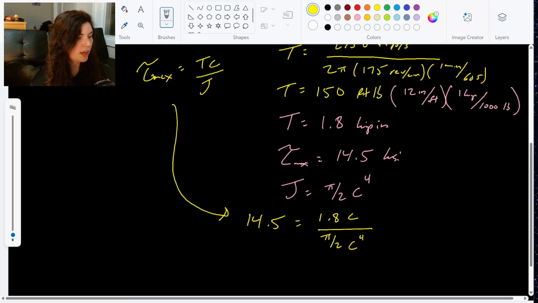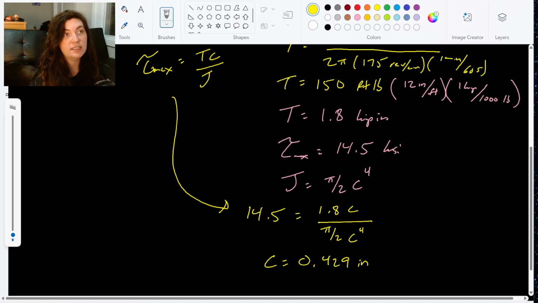So I can simplify all of that down to solve for my C value, which is 0.429 inches. C is 0.429 inches.